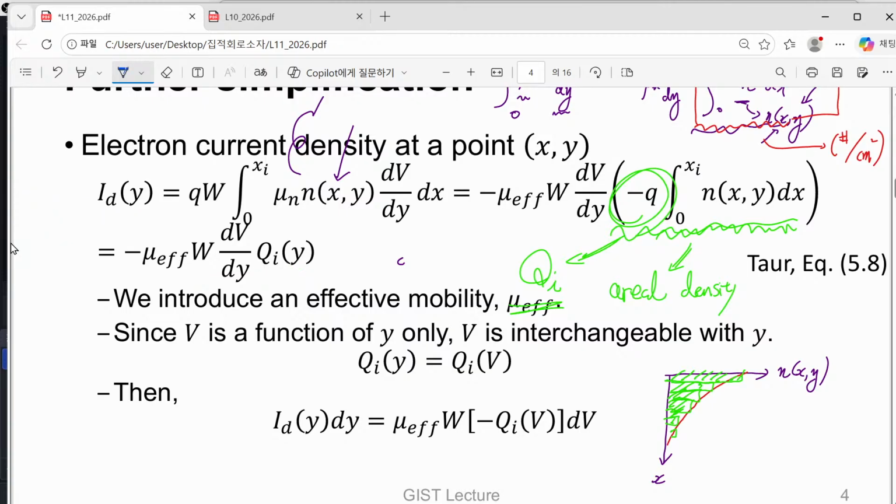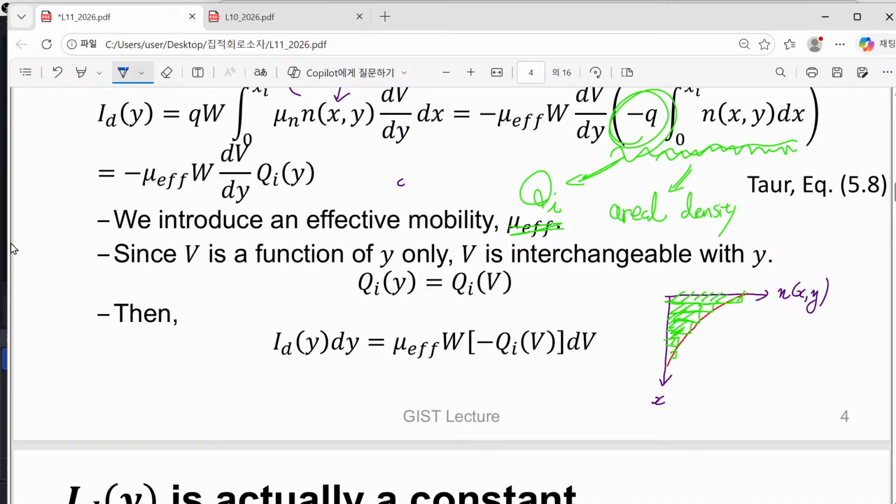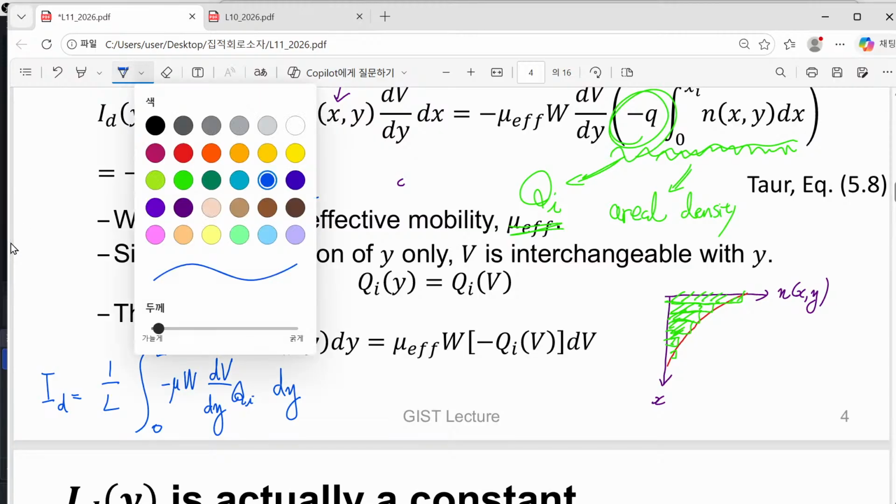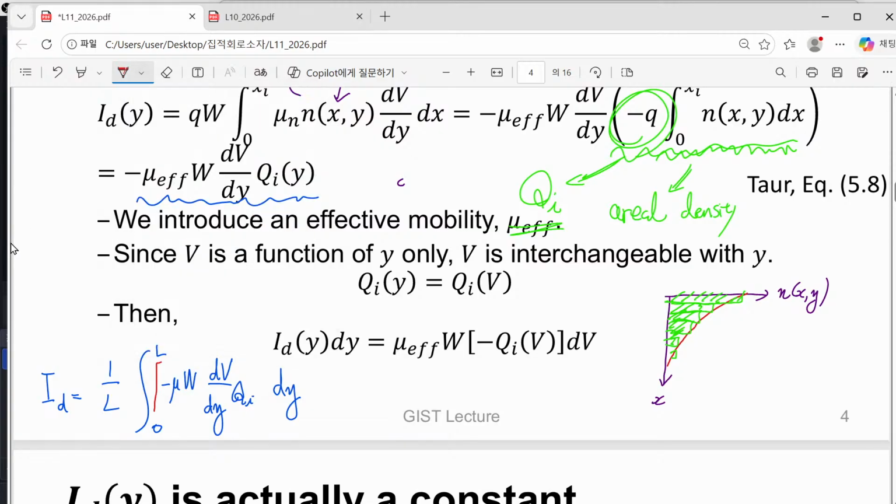Then let me just plug this into our system. We know that the drain current can now be calculated from 1 over L and the integration of this position-dependent quantity over the entire channel domain. So let me just plug in here mu W dV over dy q_I. So please wait for a while.